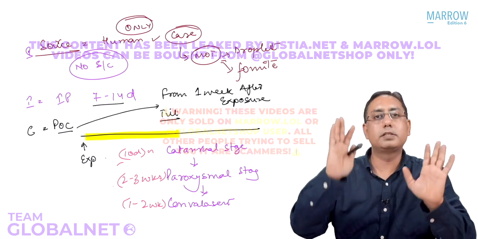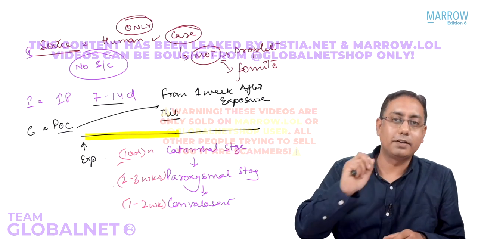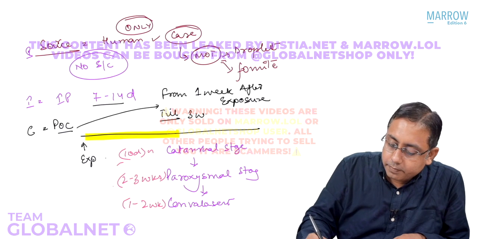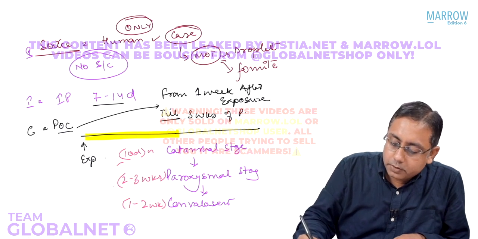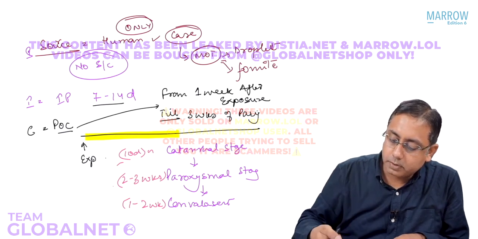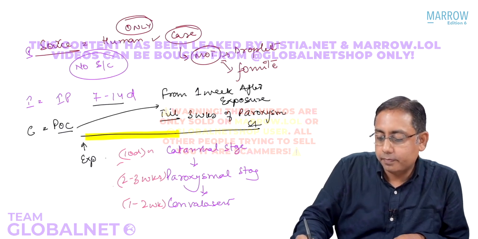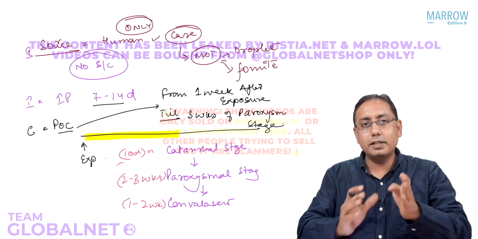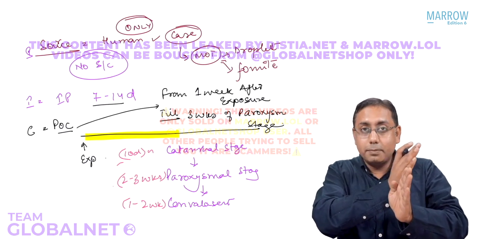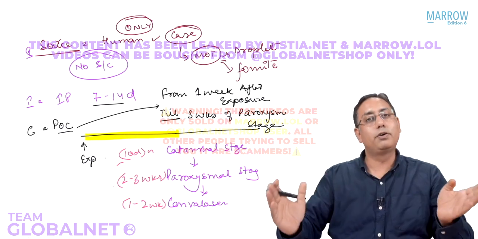So in the whole paroxysmal stage, the patient is infective. So that's interesting, that pertussis has such a long communicable period.